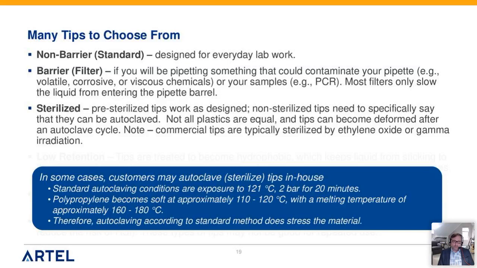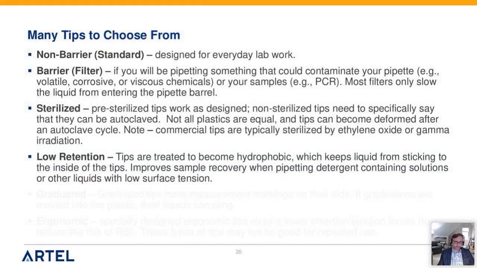So we have to keep in mind, if we're going to autoclave according to standard methods, it's going to stress the material. So what that's going to do is potentially alter the fit on the automated system, the mandrels, the 96, 384, or 8-channel, depending on the device. So keep that in mind. It really is better to buy pre-sterilized because that's either gas or gamma radiation.